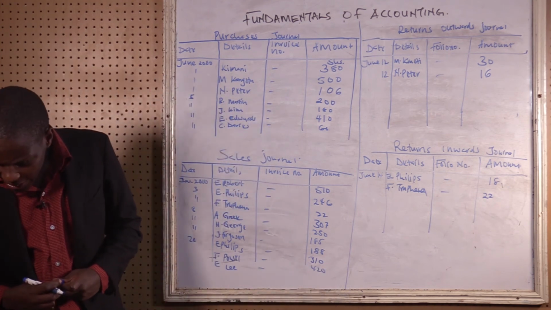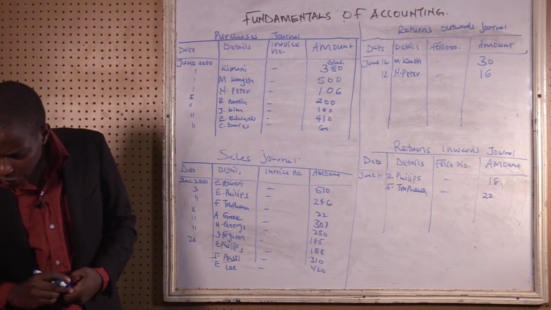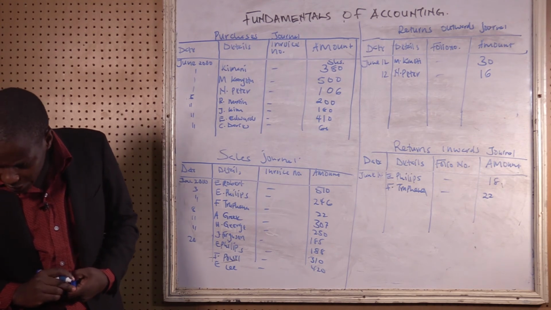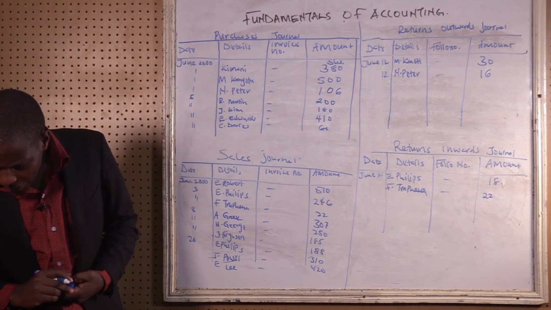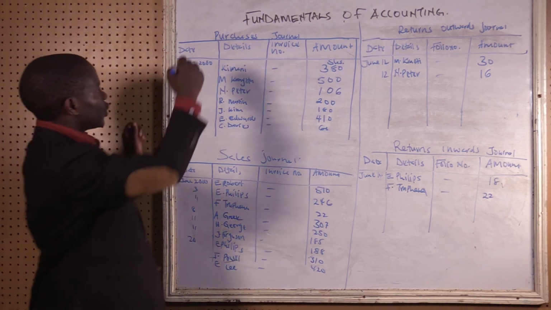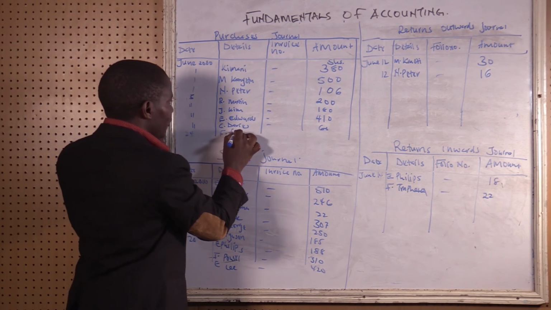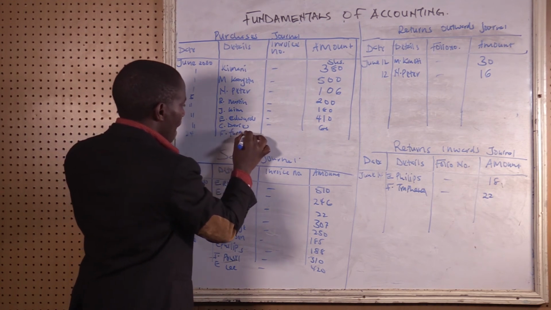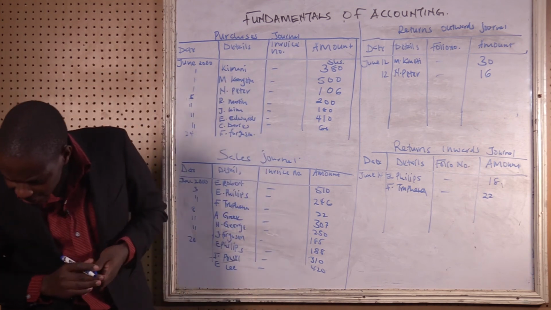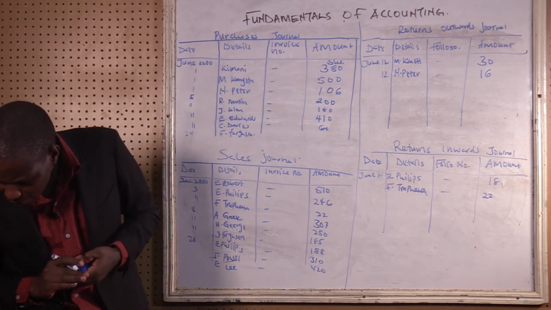Then on the 24th, made some credit purchases. Purchases from F. Ferguson. So we shall come here. On 24th, we shall have F. Ferguson. How much did we buy from Ferguson?